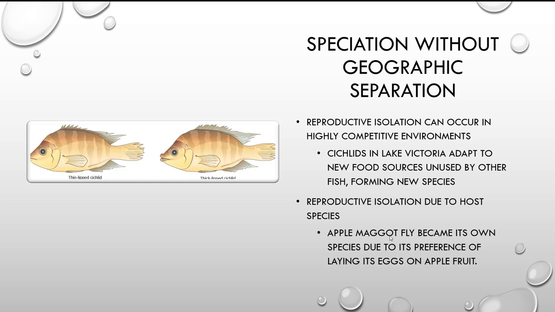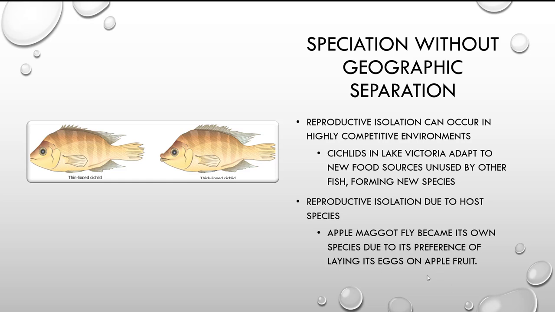Okay, so the original population just laid its eggs on other types of fruit, but then this particular fly suddenly only preferred laying its eggs on apples, and so it became the apple maggot fly, and it would only lay its eggs on apples.